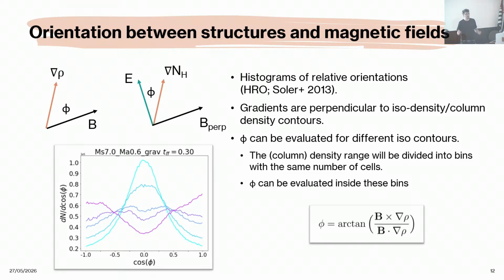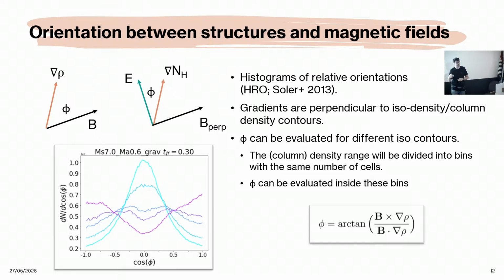So okay, we want to measure how the structures are aligned or not to the magnetic field, correct? One way of doing this is to look at the gradients of density and the column density, if we look at the observations of Planck, for instance. Then we can measure the angle between the magnetic field, or the projected field that we can get from polarization, and create a histogram at different density thresholds.